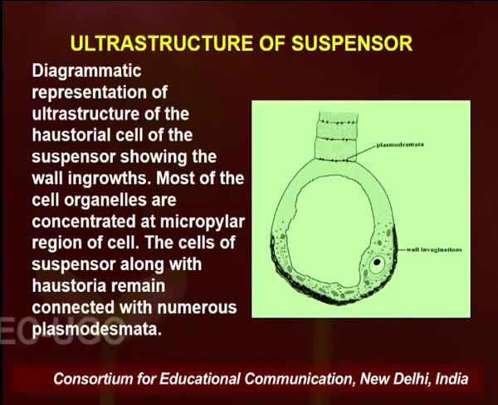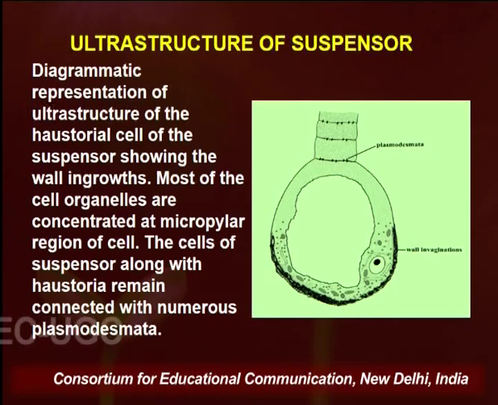You can see that there are wall ingrowths. If you look at the diagram carefully, towards the lower portion of this cell there is some dark black coloration, and these represent the wall ingrowths. Most of the cell organelles are also concentrated at the micropylar region of the cell.